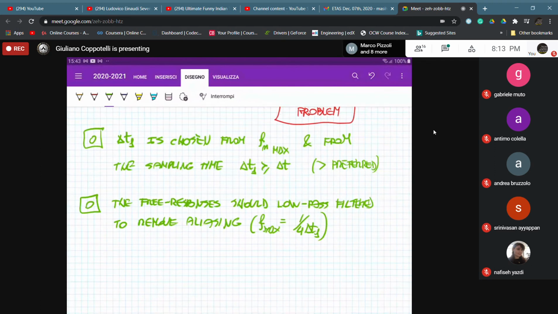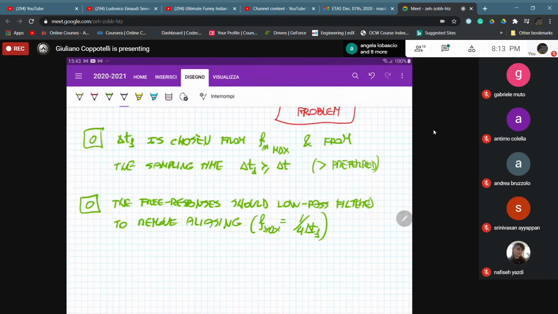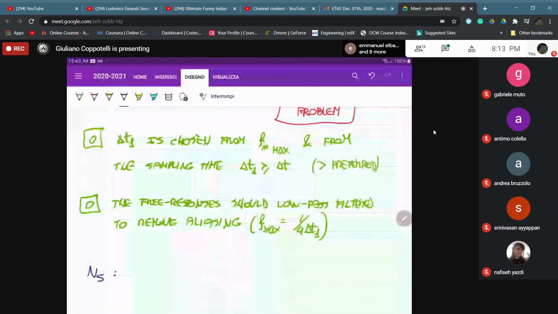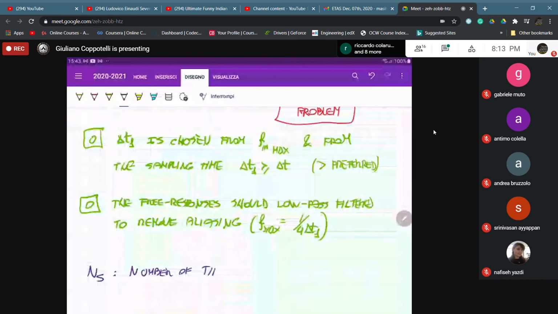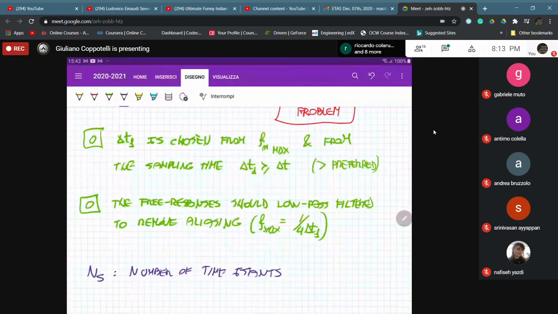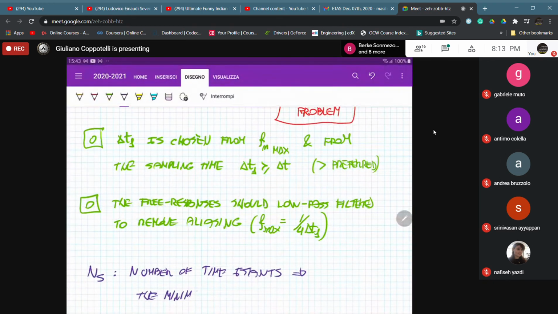By the way, NS is your number of time instances in which you measure your response. The minimum value is, of course, 2m.